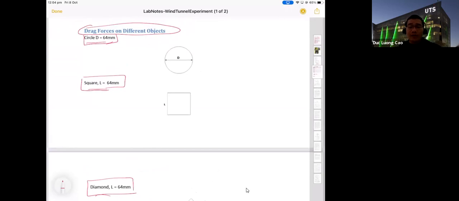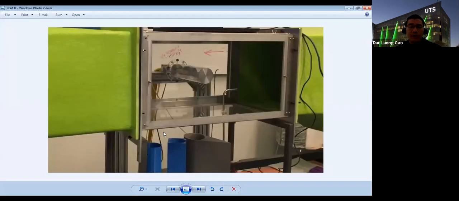For the first one, the circle, we will use the first blue object here to cover this cylinder. When we cover it, we will have a new cylinder.